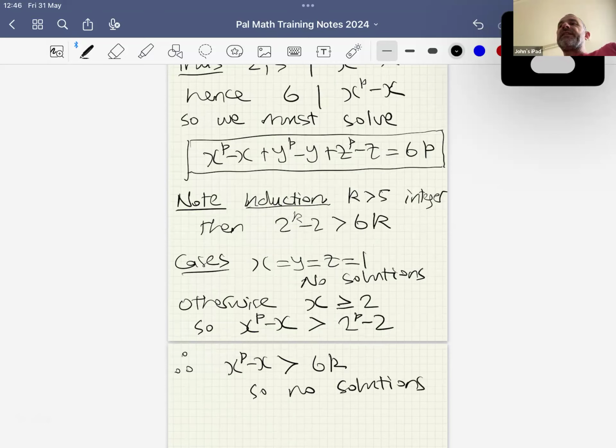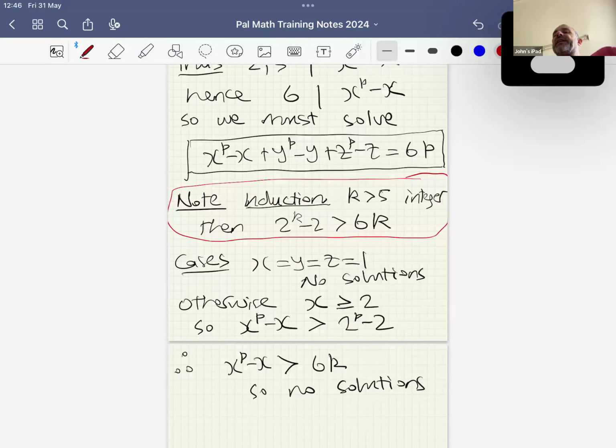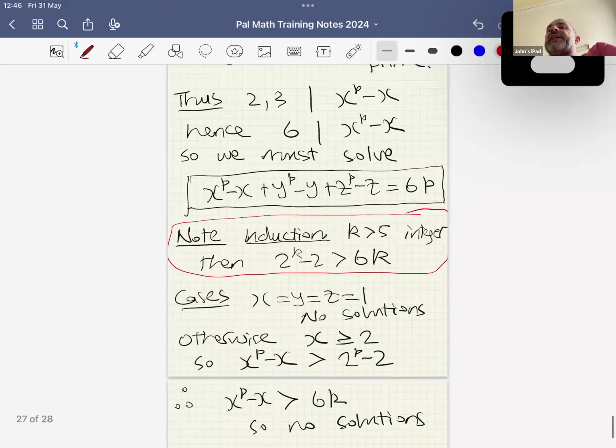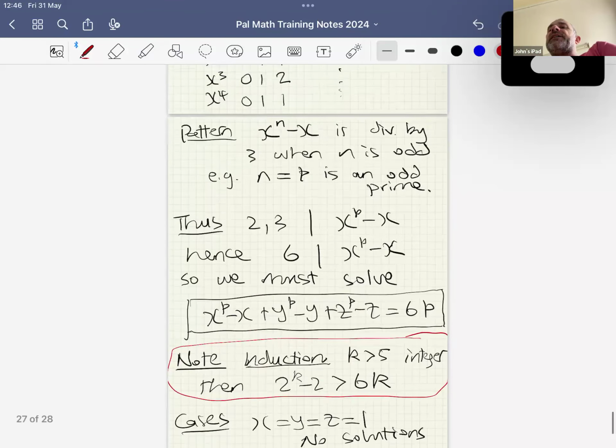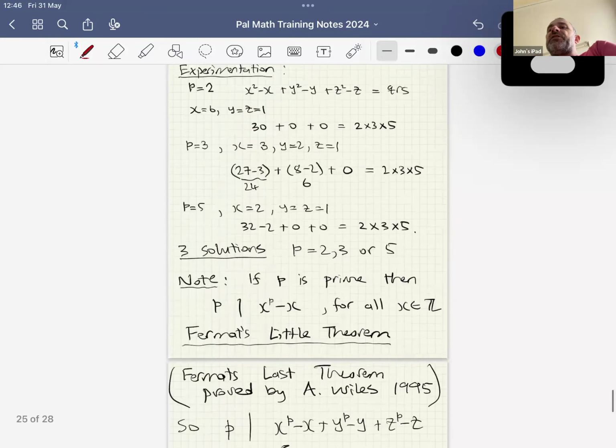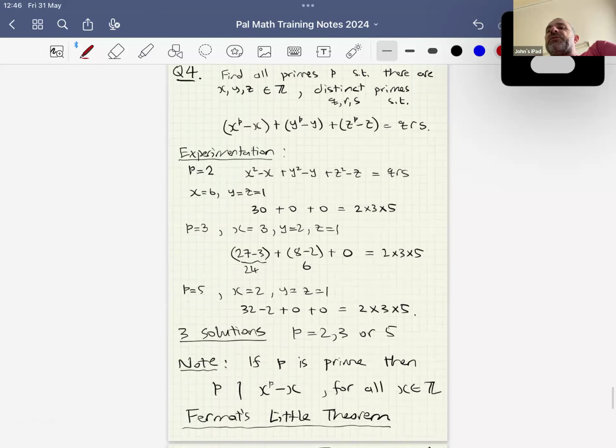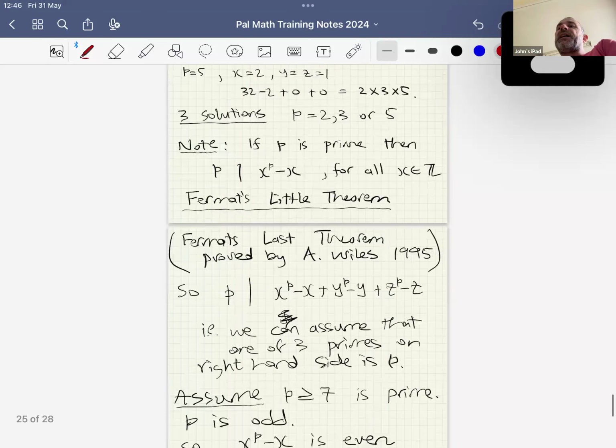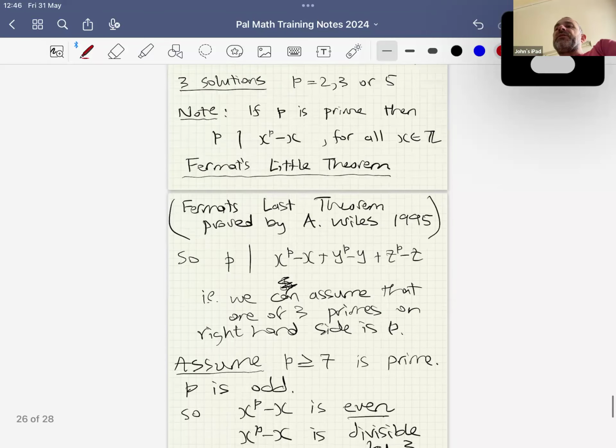Okay, so the key thing is to prove by induction, which I'm not going to do, that 2 to the k minus 2 is greater than 6k. So just to reiterate, you find your 3 solutions, p equals 2, 3, and 5, and then you try and prove that there are no other solutions.